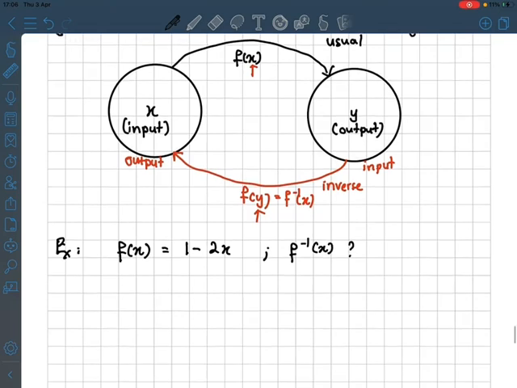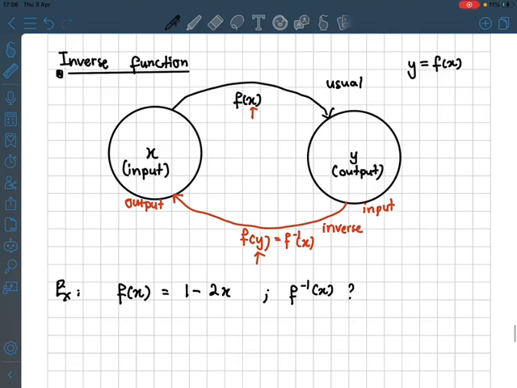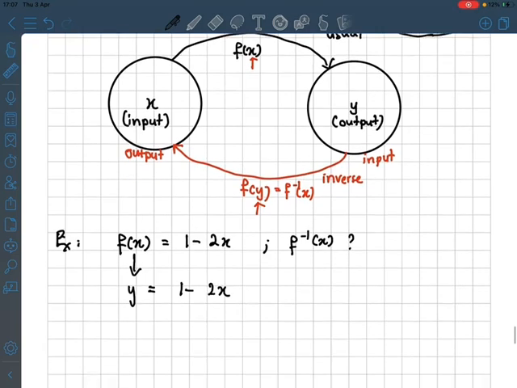First of all, we can represent our function as y. So we write y equals 1 minus 2x. This is the first step. The second step is basically you make x the subject of the formula.